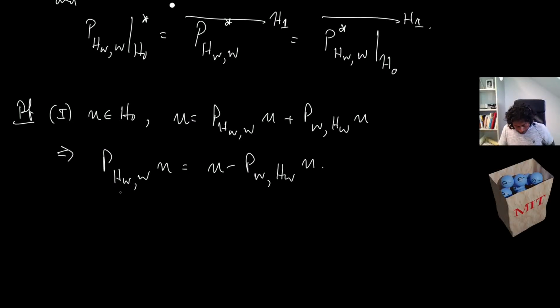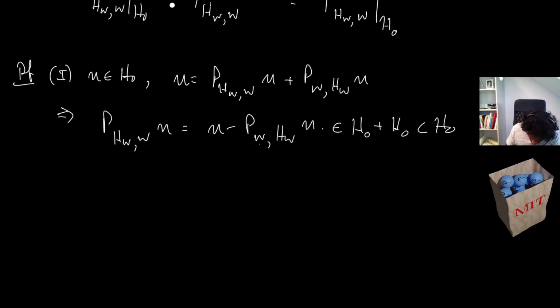So we write it in this way, but U is in H naught, and we also assume that the subspace W is in H naught. So this is going to be contained in H naught plus H naught, which is in H naught. So now when we take some element from H naught, which is contained in H1, this projector actually lands us back in H naught. And of course the norm is now bounded, right?